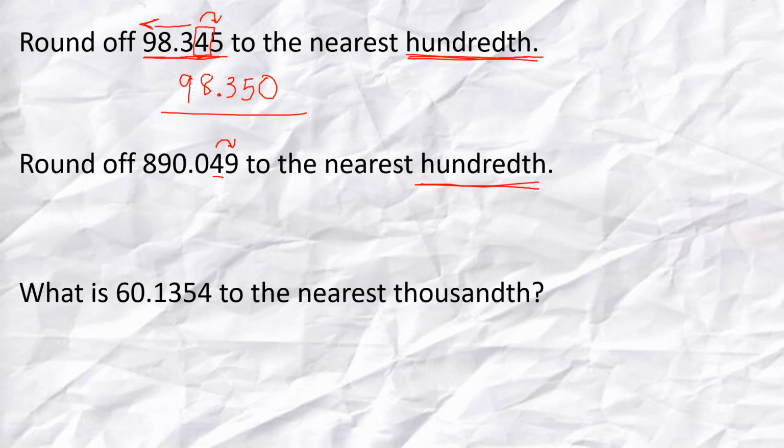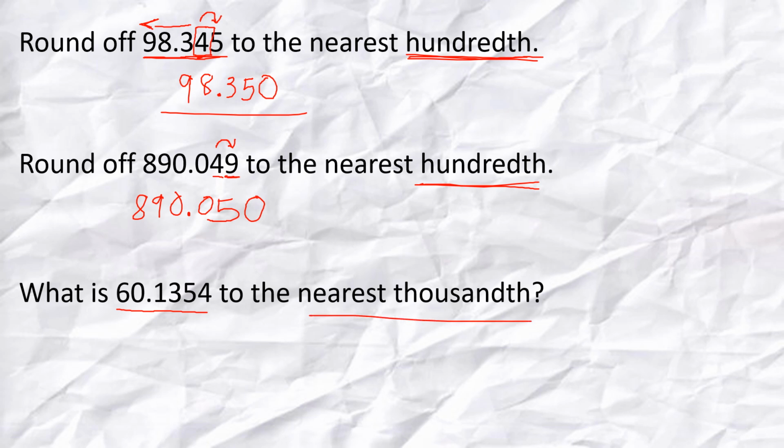So the 4 here will become 5, and then just copy all the numbers on the left side. So 890. And then this digit 9, or the number to the right of the digit that you are rounding off, will now become 0.